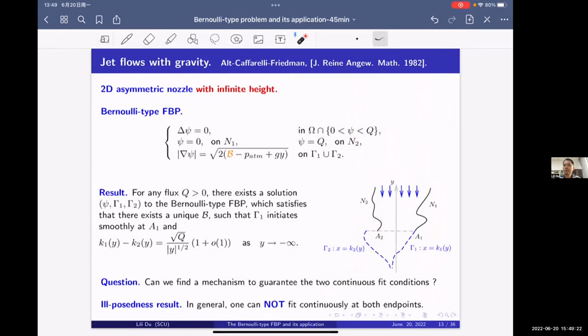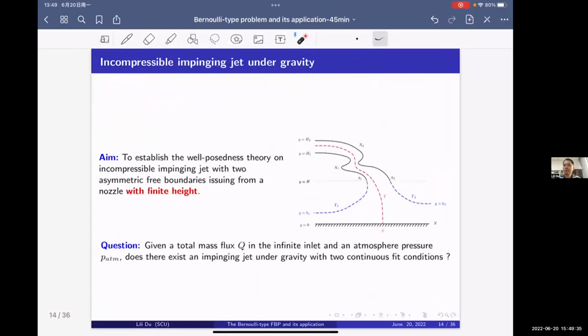Thank you. So, any other question? Let me ask one more question. If the height h becomes infinity, then we will go to the bottom. So what's your conjecture, if there's no ground?